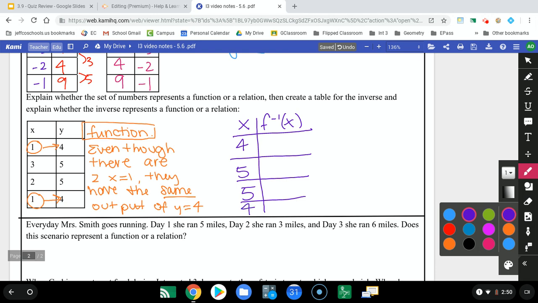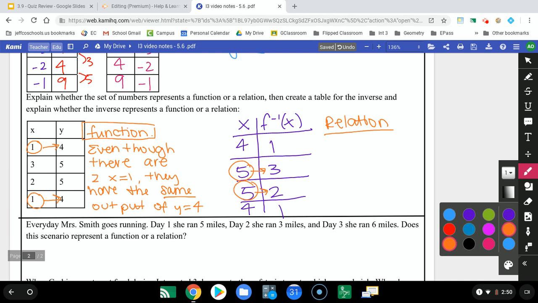And everything in the inverse column is what was in the x column: 1, 3, 2, 1. Looking here now, I have 2 inputs that are the same, x equals 5, but they're mapped to a 3 and to a 2. So this is incorrect. It's not a function. It's going to be a relation.